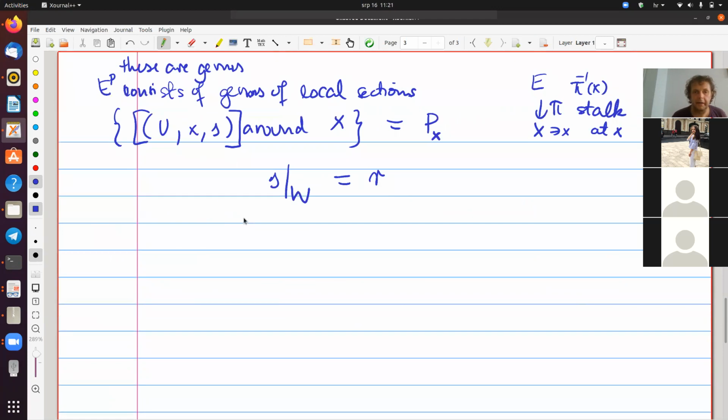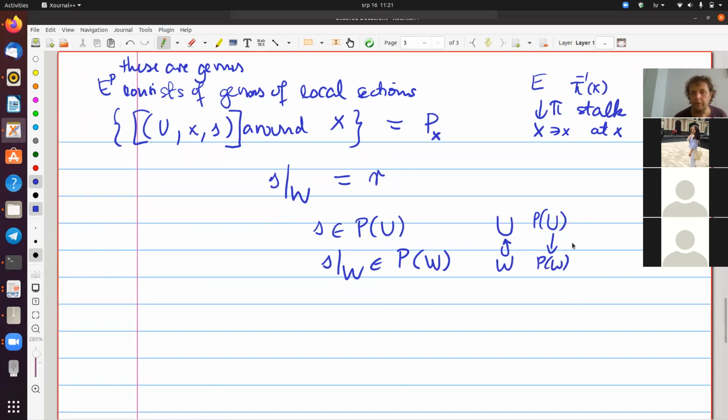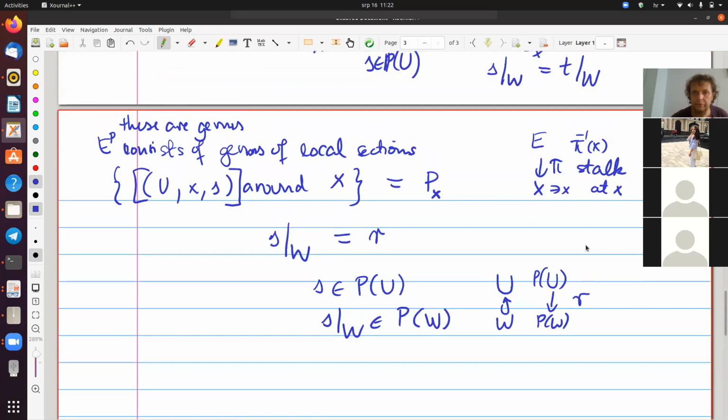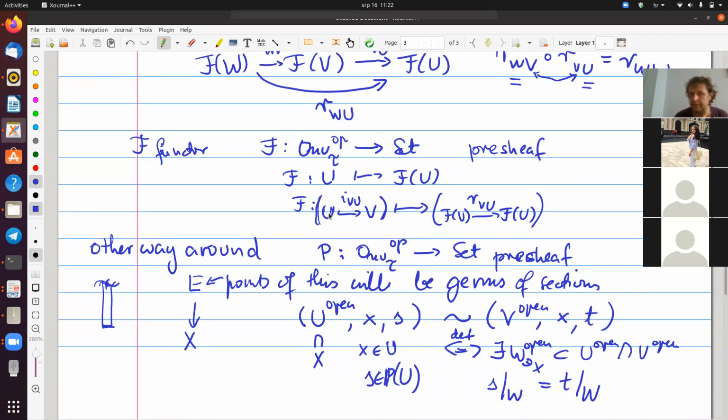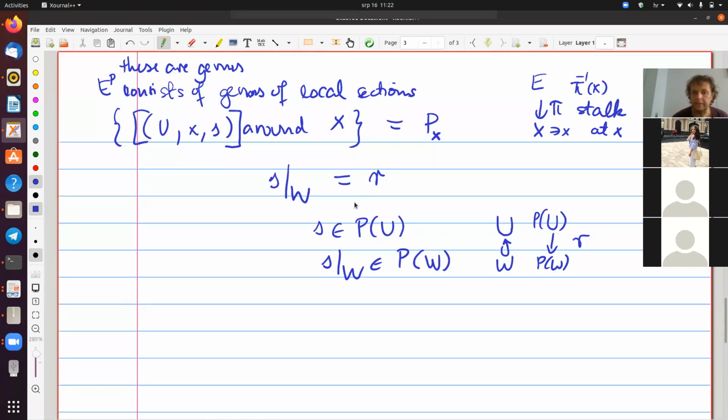So if S was, before, from U to E, but now S is simply an abstract element of P of U, and this should be an element of P of W, and the restriction, so W to U includes, and then we have from P of U to P of W, you have R. You see, if you start with U, then U is always on the right, if U is the smaller open set. So W to U. So this is simply R UW of S.